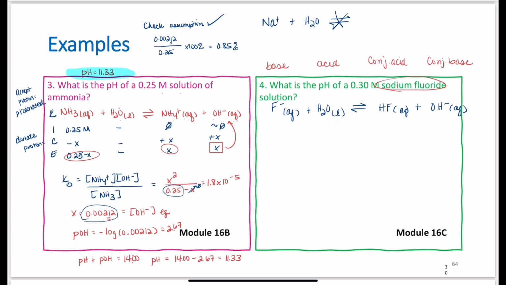We're going to pretend that's good enough. Okay, so the fluoride concentration here is 0.30 molar. And I forgot to mention that on the ammonium chloride concentration above. But remember, if I have a 0.3 molar sodium fluoride, that means I have 0.3 molar sodium ions and 0.3 molar fluoride ions. So it stays the same value.